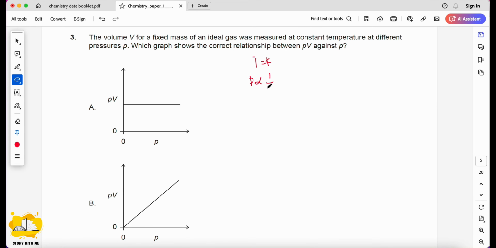P of a gas is inversely proportional to V, or P equals k per V. Okay, so PV is constant. All right, so when pressure increases, V decreases to keep PV constant. Therefore, the correct graph of PV against P is a straight line.